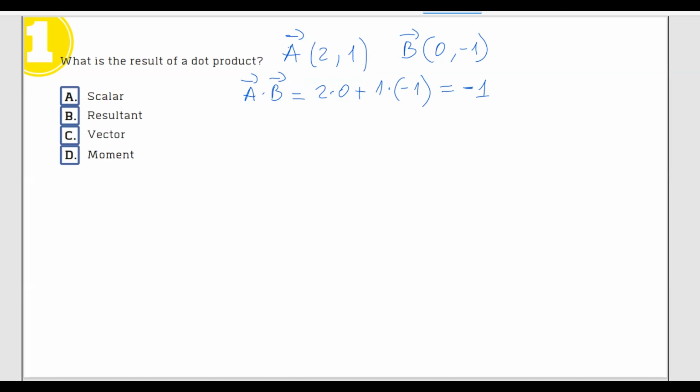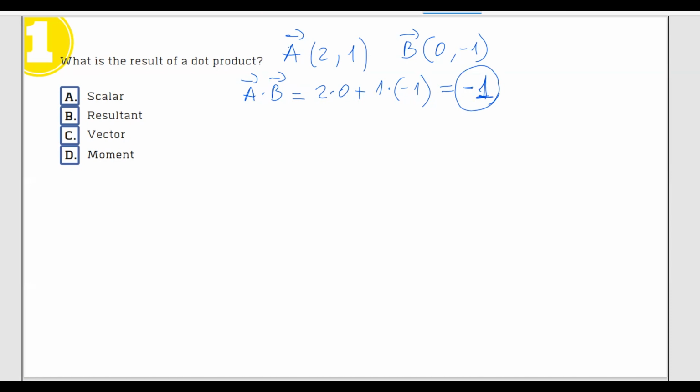So what is the result of a dot product? It is a number, right? You get a real number. The result is always a number. So it is not a vector. It is not a resultant. It is not a moment. It is a real number, and another word for a number is a scalar.